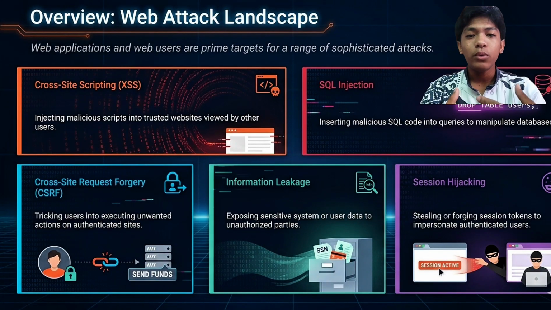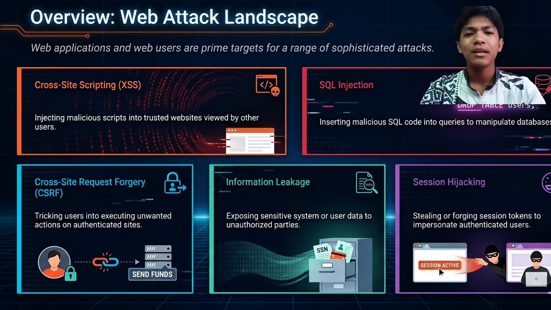So, before we dive into each attack individually, let's set the stage. Web applications are complex systems. They handle our personal data, financial transactions, private messages. This makes them high value targets.